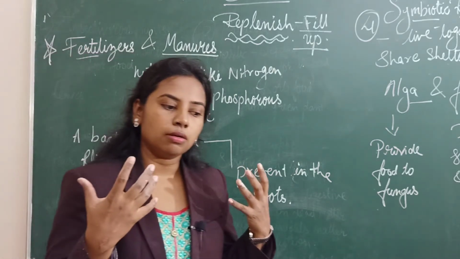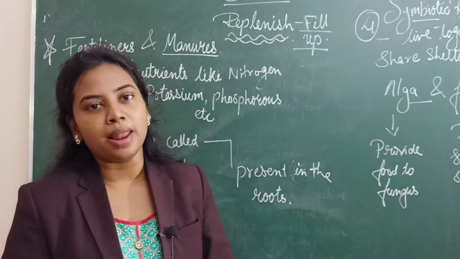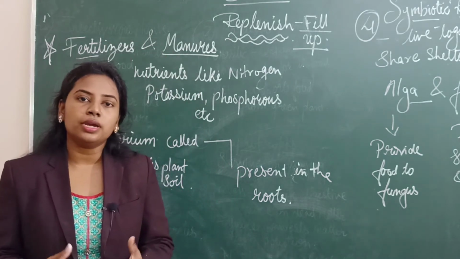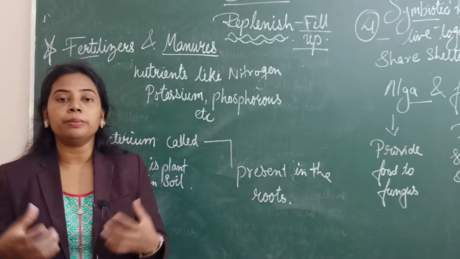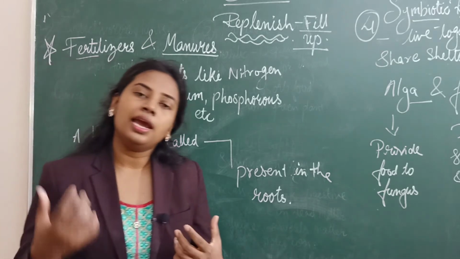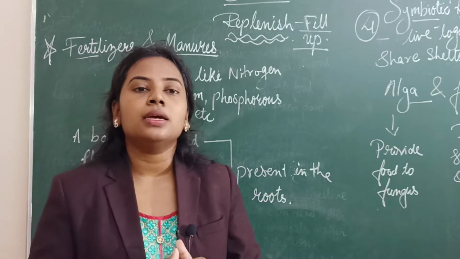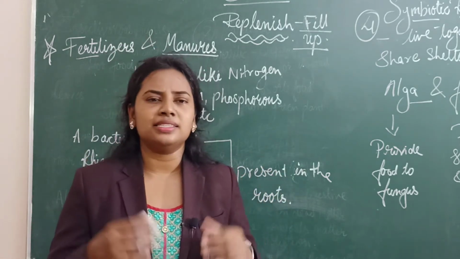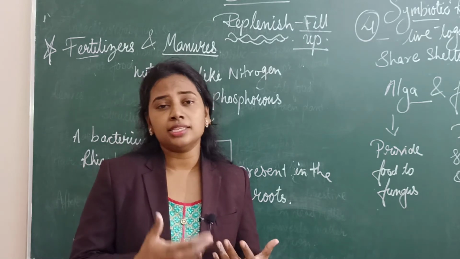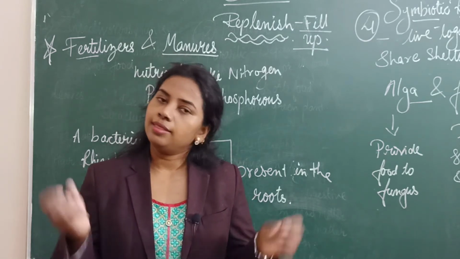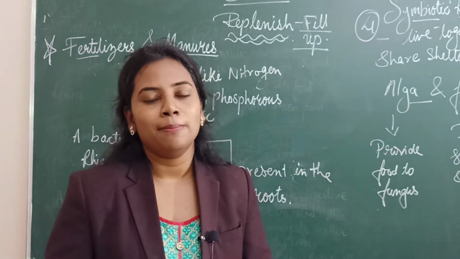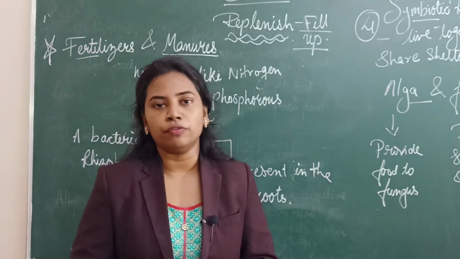For growing any plant, the soil must be good, well maintained, with minerals and everything. It's naturally present, but nowadays farmers add fertilizers and manures, inorganic or organic, to make it more beneficial for the growth of a plant.